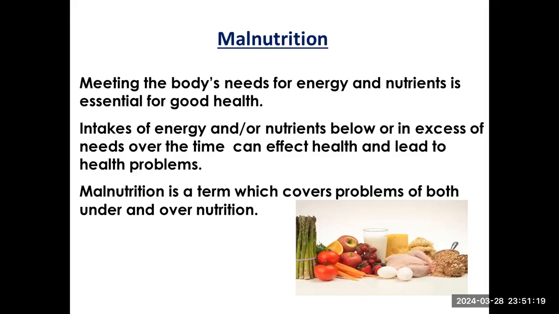A balanced diet contains all the essential nutrients required for the normal development of the body. Intake of energy and/or nutrients below or in excess of needs over time can affect health and lead to health problems. So malnutrition is a term which covers the problems of both under- and over-nutrition.